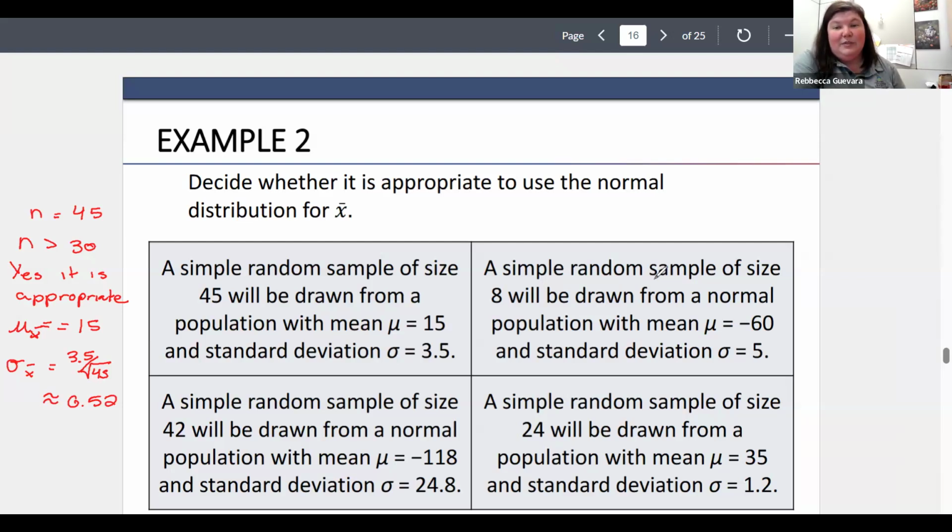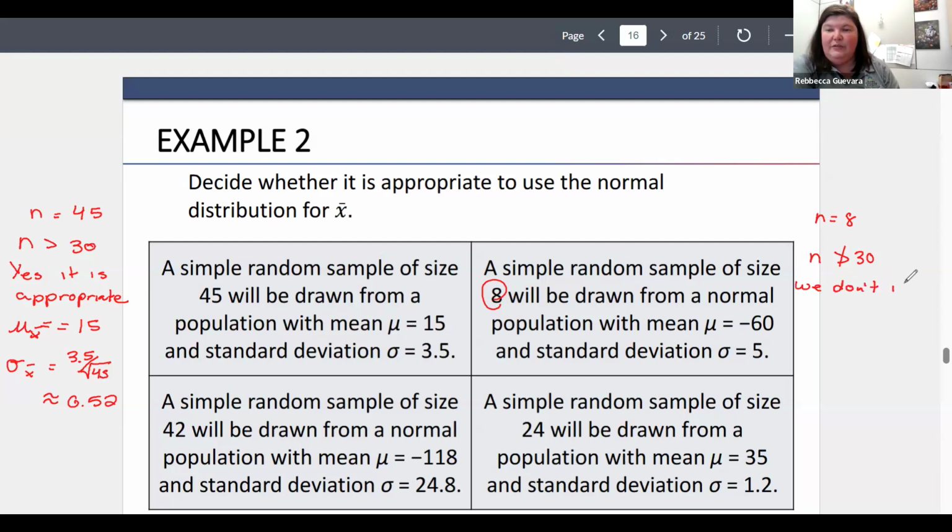A simple random sample of size 8 will be drawn from a population with a mean of negative 16 and a standard deviation of 5. So our sample size is 8. It is not greater than 30. And we don't know if the original population is normal. If we knew the original population was normal, we wouldn't need this.